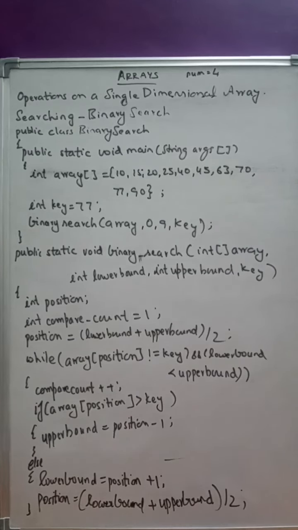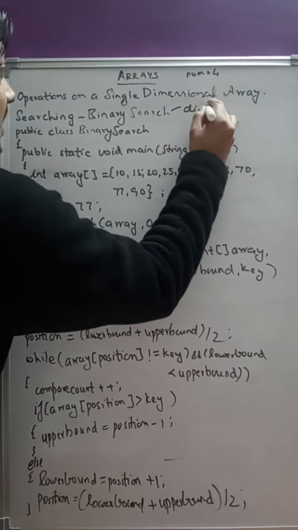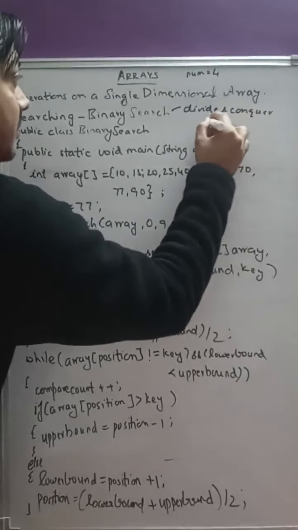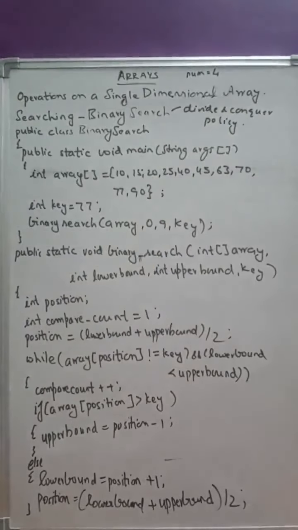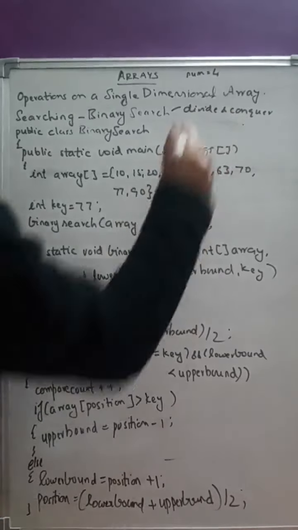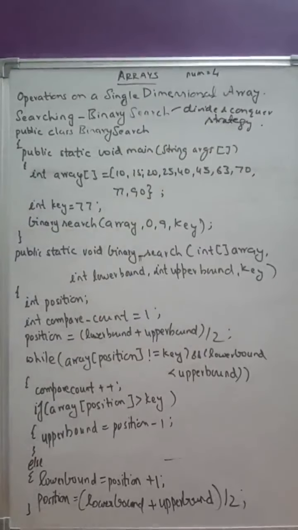Binary search works on a strategy that is called the divide and conquer policy. So what happens in this?